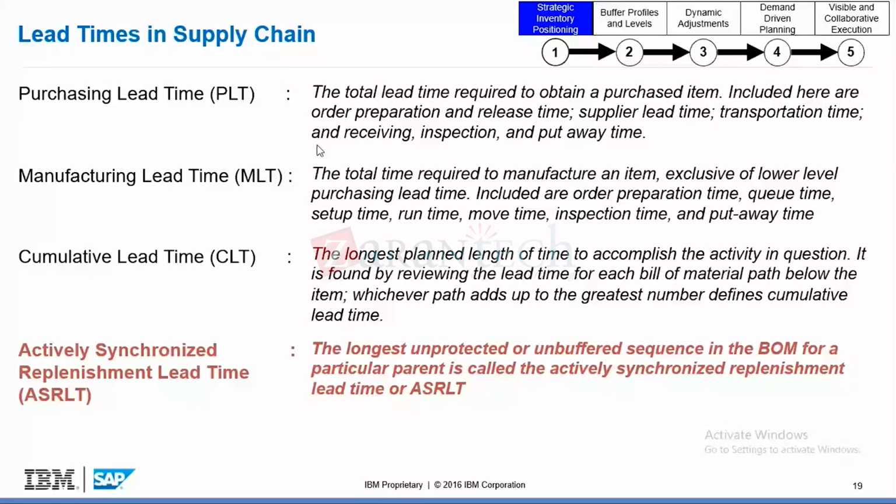And then comes the ASRLT, which is the actively synchronized replenishment lead time. The longest unprotected or unbuffered sequence in a BOM for a particular parent is called the actively synchronized replenishment lead time. Longest unprotected, unbuffered time.